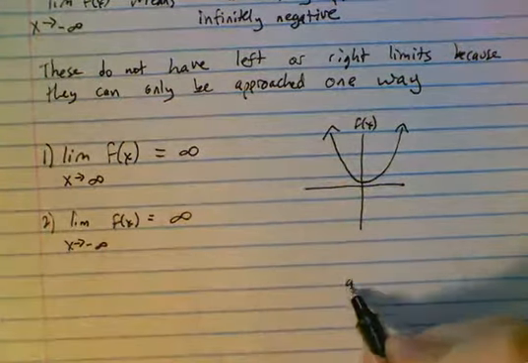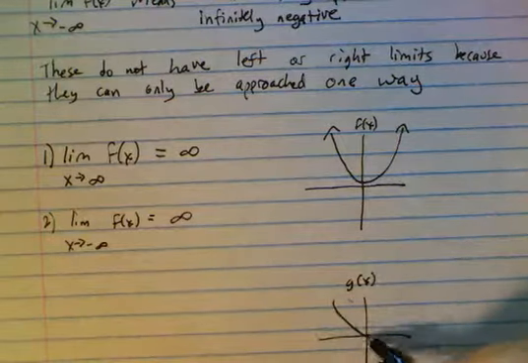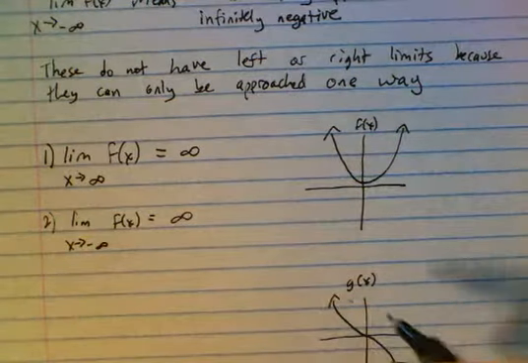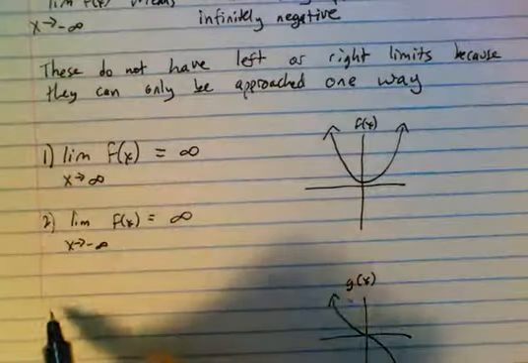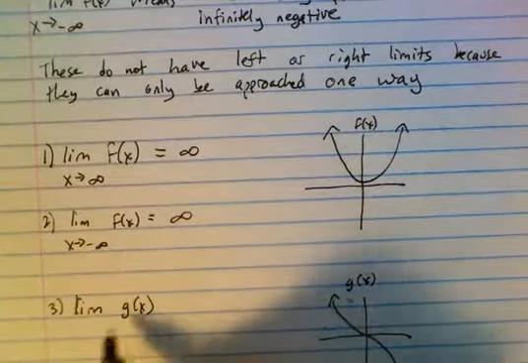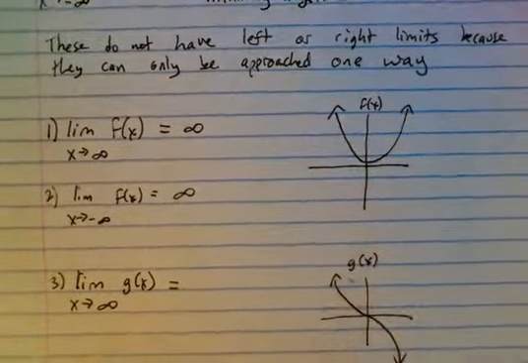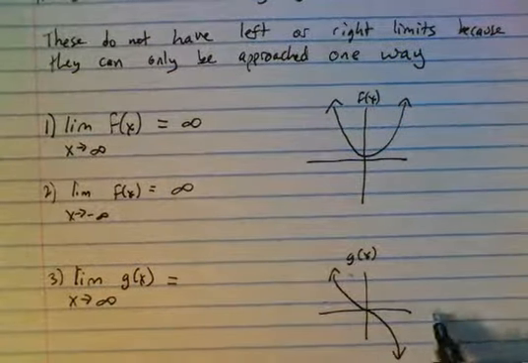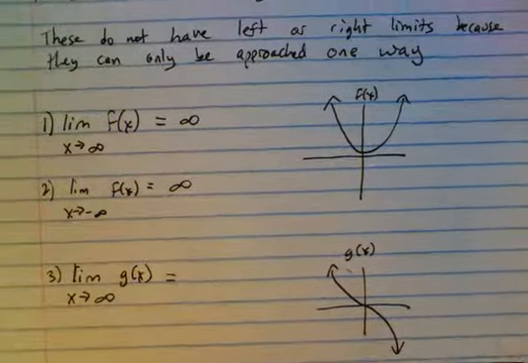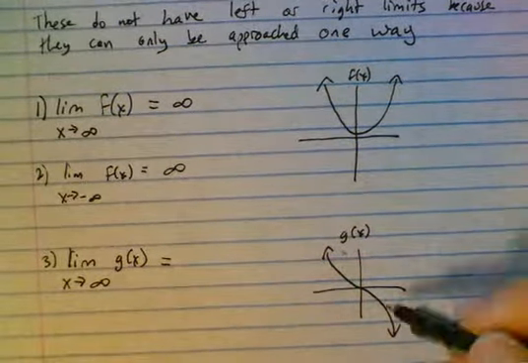So if we say, let's say this is g of x, let's say it looks something like this. In this case, as x gets more and more positive, g of x, y, is going down forever.